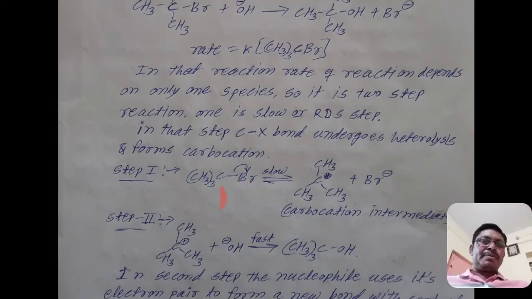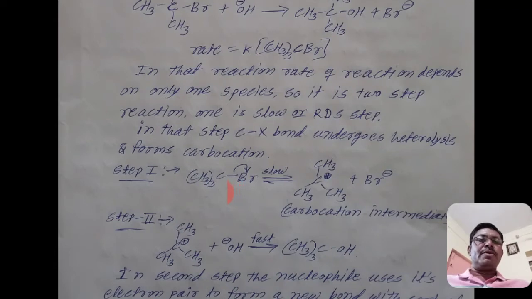In the first step, the bond between the carbon and the halogen atom, bromine, breaks. But the bond breaking is not homolytic, it is heterolytic.